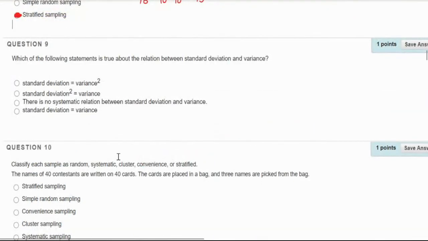All right. Question 9. It says we are looking for the relationship between the standard deviation and the variance. Okay, so we know by definition the standard deviation is the square root of the variance. Now, if we want to find the variance, for example, then we have to take the square of each side.